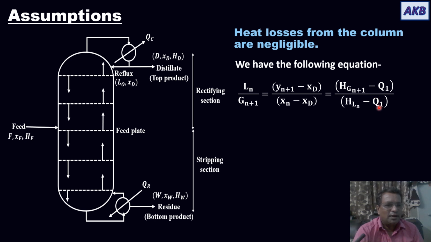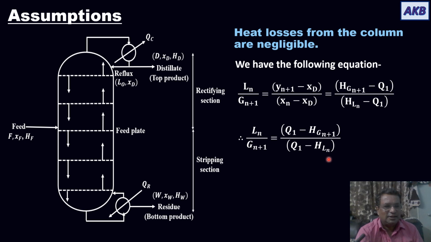Q1 is the net heat removed at the top of the column per unit mole of distillate. I have discussed all this, so please go and watch that video lecture. So I can simply write this as Ln upon Gn+1 is equal to (Q1 minus HGn+1) upon (Q1 minus HLn). I'm going to give the link to the video lecture in which I have discussed this in the description section.